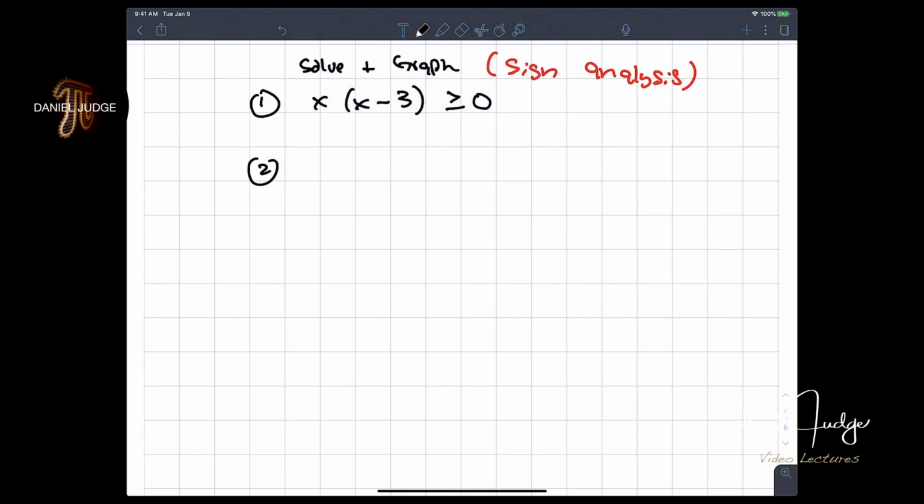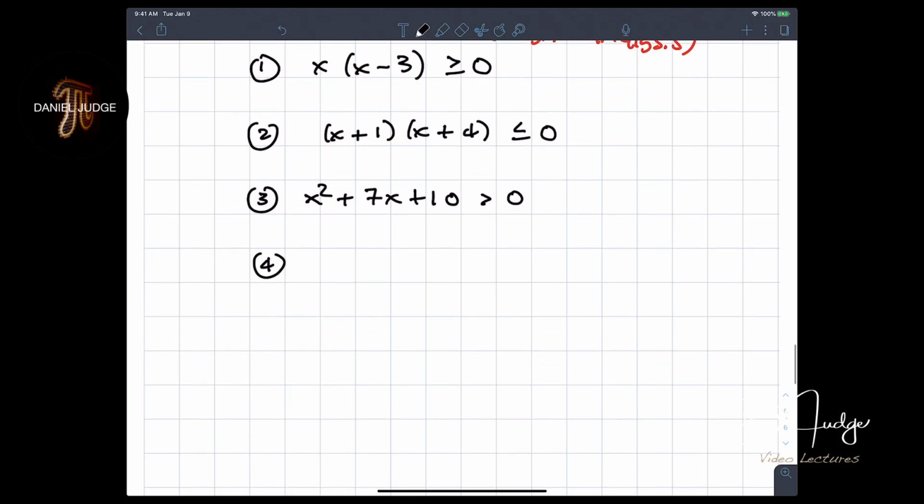And, we could give you something like this. Number 2: x plus 1 times x plus 4 less than or equal to 0. And 3, x squared plus 7x plus 10 greater than 0.